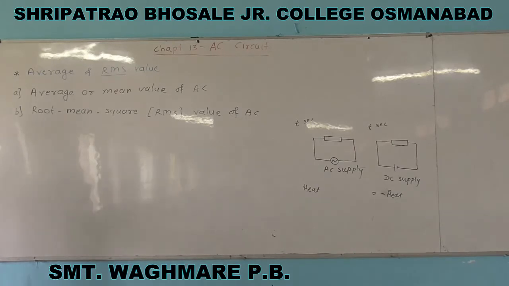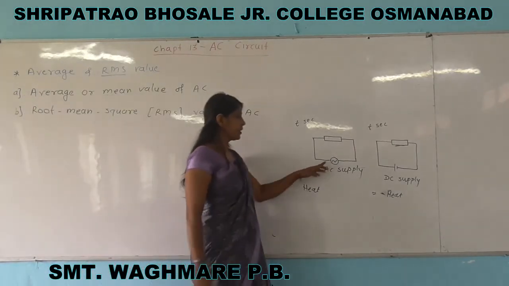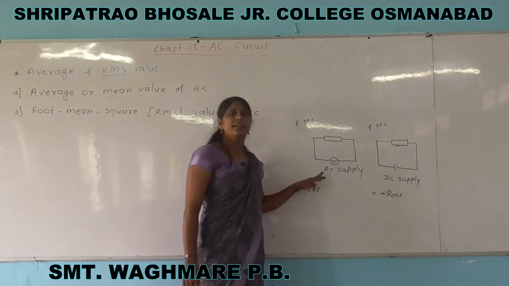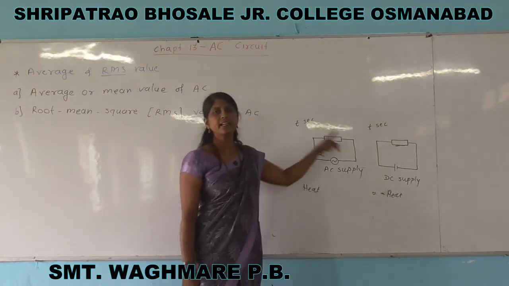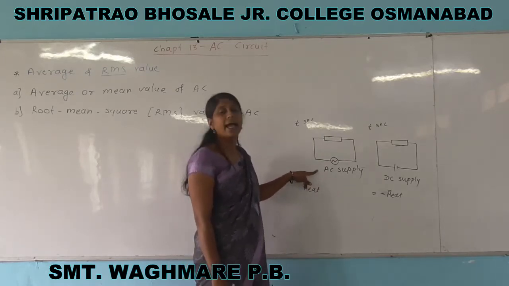This supply E is called ERMS, and the current produced due to this AC supply is called the IRMS.